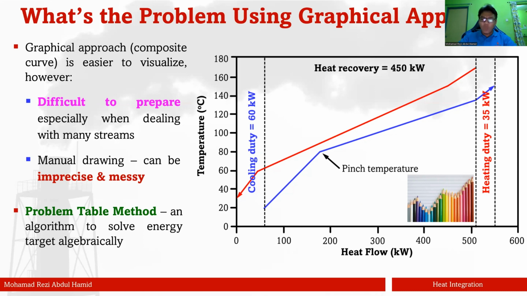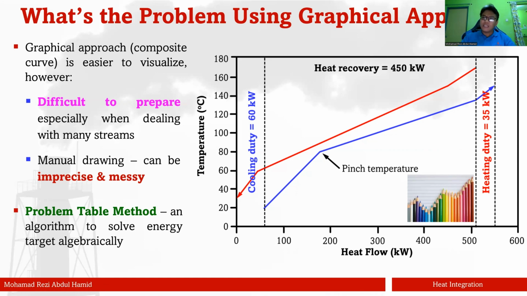Of course, with the graphical approach, we can see how the composite curve looks, as you can see from the figure on your right. But it is quite difficult to prepare, especially when we are dealing with maybe 10 or 20 hot and cold streams. It's going to be a nightmare to prepare those hot and cold composite curves.